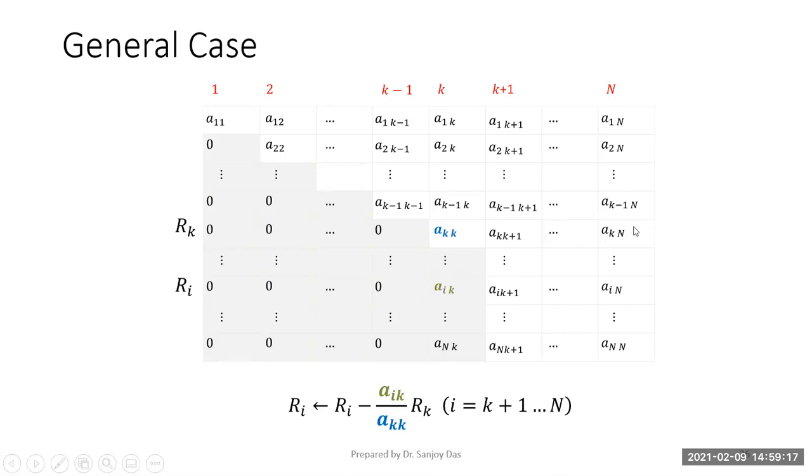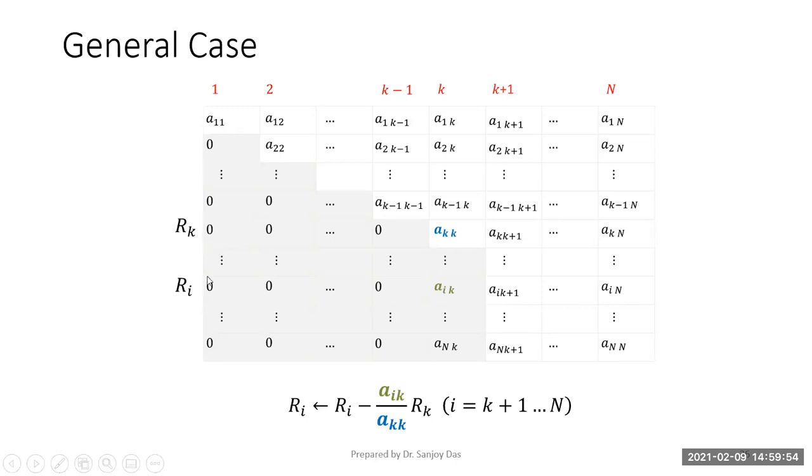I multiply row K with A_IK over A_KK, and let's refer to this as the scale. So this element is replaced with this minus scale times this, and this one is replaced with this minus scale times this, and I do this all the way until A_IN. I'm subtracting scale times the corresponding element from row K in row I.